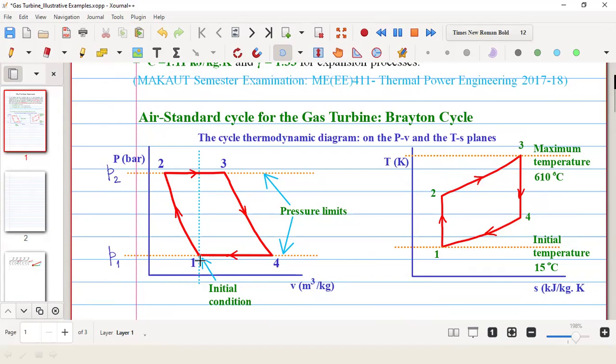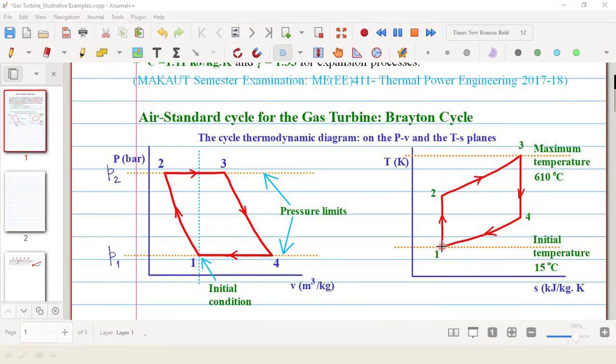Here we are trying to see the ideal processes. 1 to 2 is the isentropic compression. 2 to 3 is constant pressure heat addition. 3 to 4 is isentropic expansion, and 4 to 1 is constant pressure heat rejection. So these are the four processes.